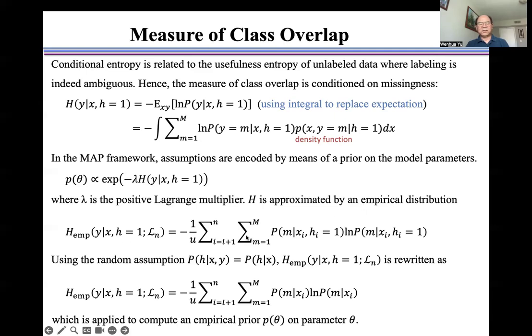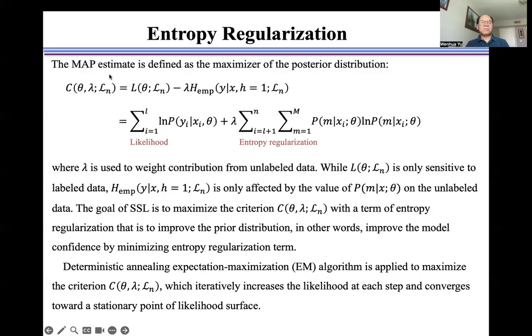distribution, as shown here. Using the missing at random assumption here, H_emp is rewritten as this formulation, which is applied to compute the empirical prior p(theta) on parameters theta. The MAP estimate is defined as a maximizer of the posterior distribution, as shown here.